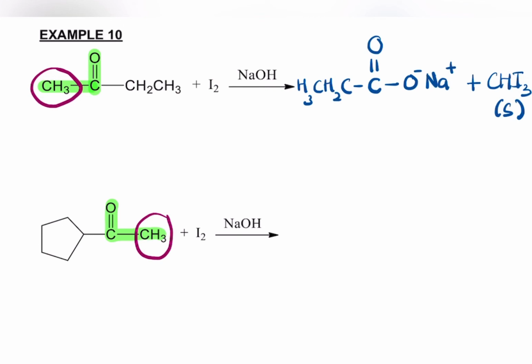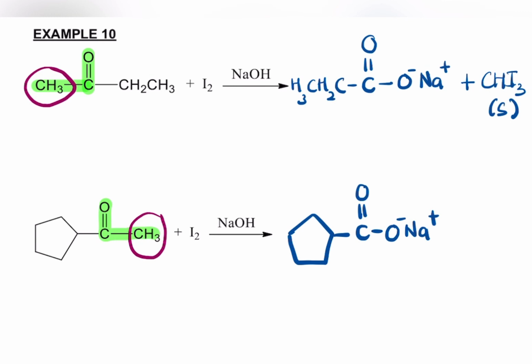So I will form my final product with the ring attached to carbon double bond O, bonded to O minus and Na plus. Make sure you show the charges for O minus and Na plus, and after that, plus the side product, which is CHI3, triiodomethane, and I'm going to emphasize it by using an arrow facing down. So this is it for the equation using two examples here.